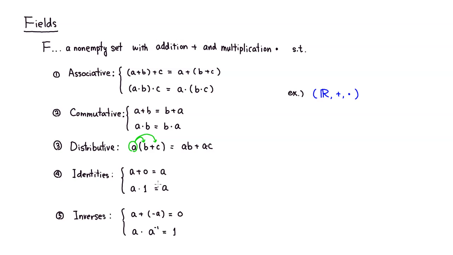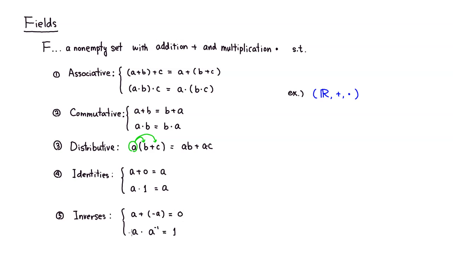And the last condition is that every single element except for 0 has to have an inverse. So the additive inverse: if you have A, the additive inverse must be negative A, so when you add them together, you get the additive identity.